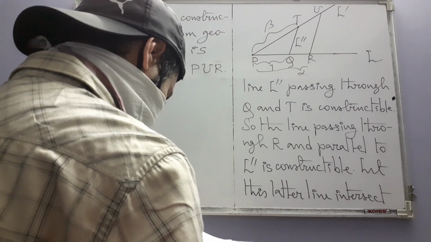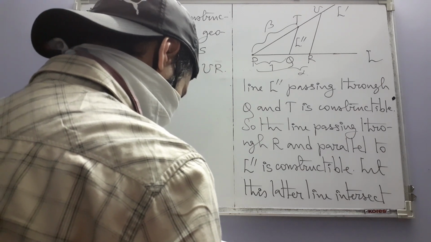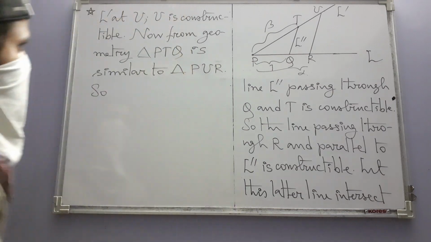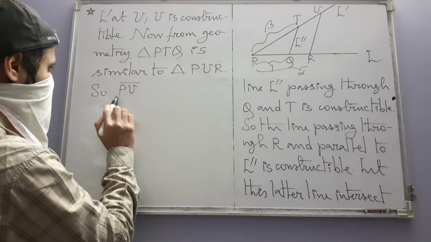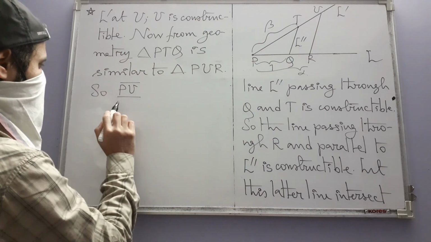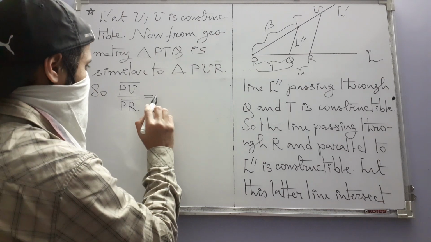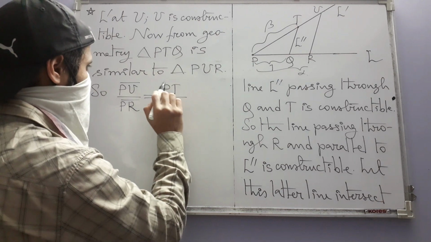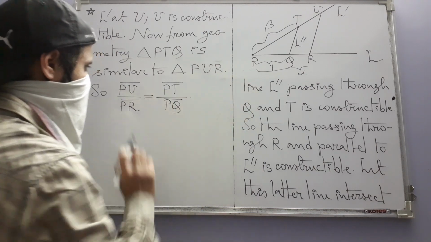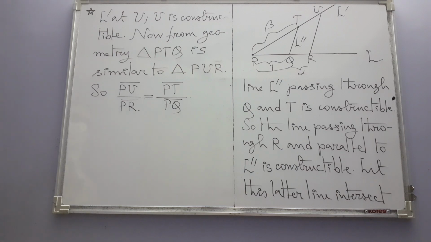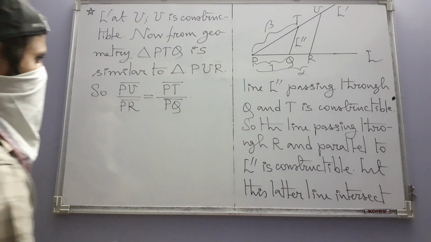PU divided by PR is equal to PT divided by PQ. In similar triangles, corresponding sides are in the same ratio, that fact.